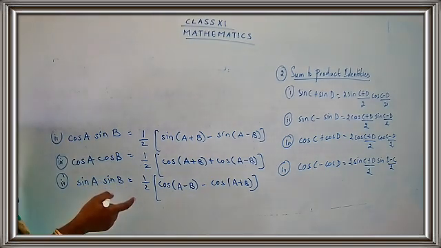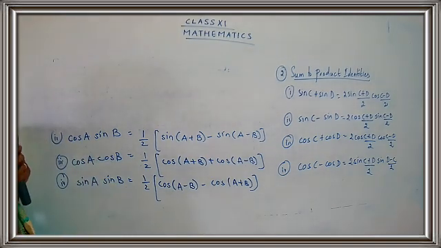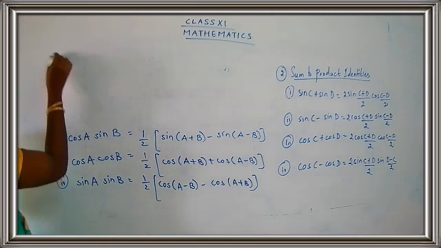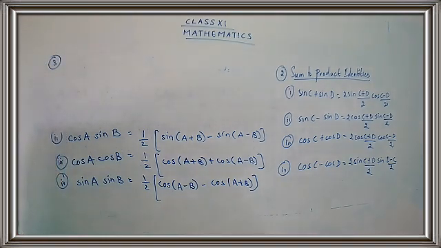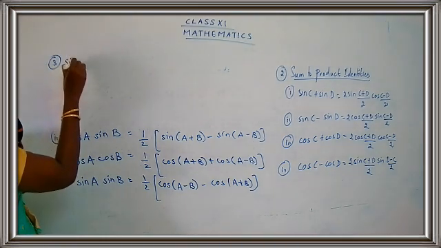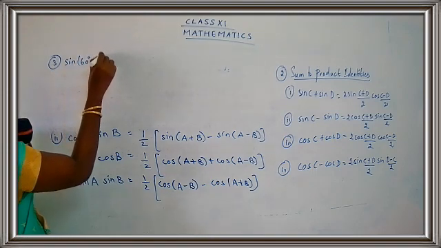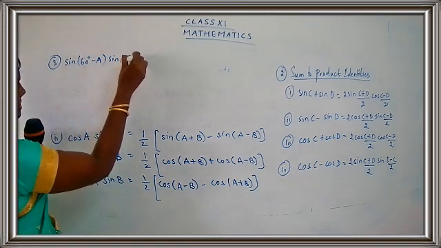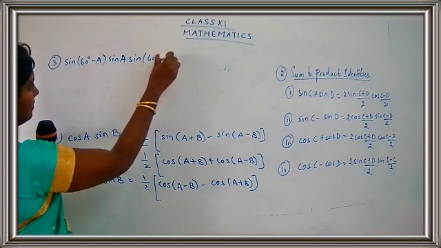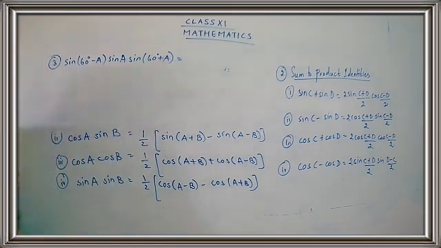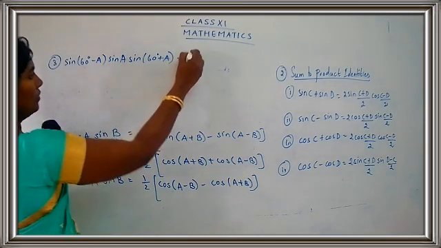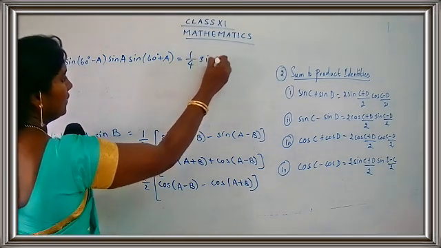So we have just taken number 1, number 2. Yes, students, just put here number 3. Write down: sine (60 degree minus A), then sine A, sine (60 plus A). This is equal to, what is the formula for this? 1 upon 4 sine 3A.